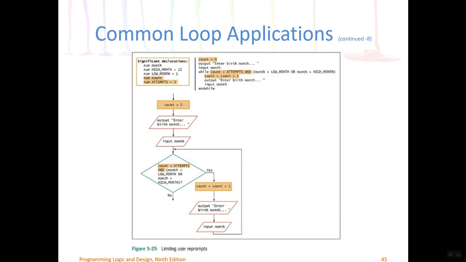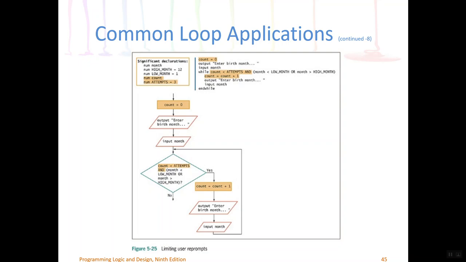The way that we do that is we create a variable called count, and we start it at 0, and every time they type the wrong month, we add 1 to that. The interesting part is by doing so, we can change our condition and say, if they mistyped the month, in other words, it's out of range, and that count of attempts is less than 3, then we'll give them another opportunity.